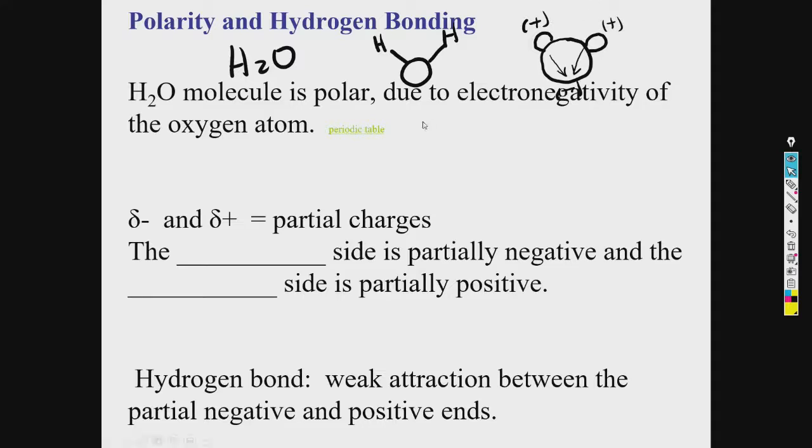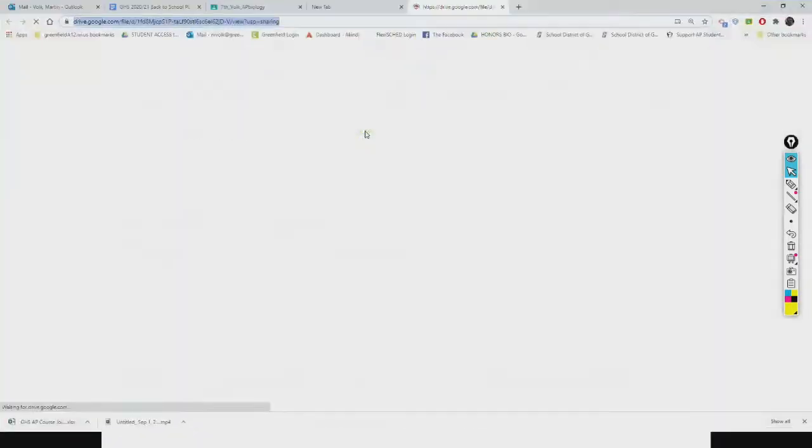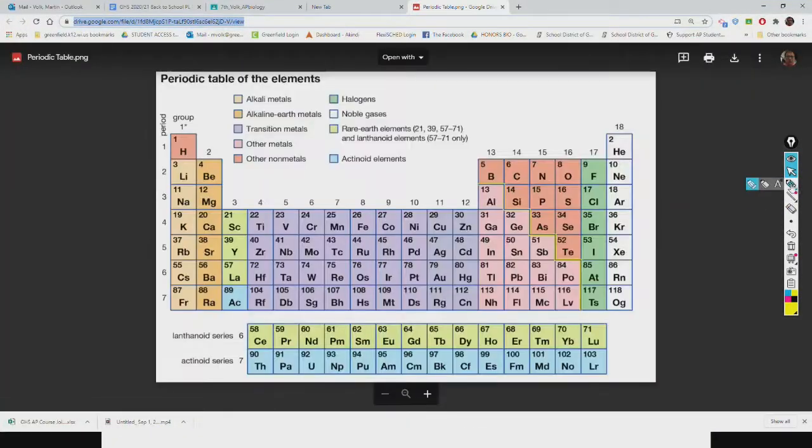So if we take a look at a periodic table for just a second, see if I can get this to work here. On the periodic table, we have the metals over here on the left side. On the left side we have the metals, and they are not very electronegative. That means they do not really like electrons and are very willing to give them up.